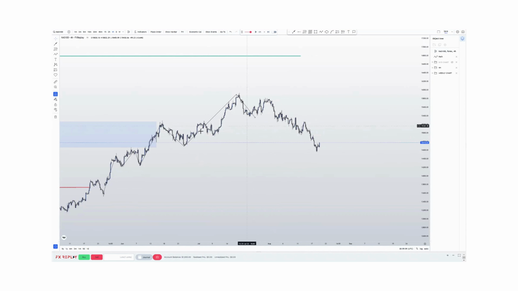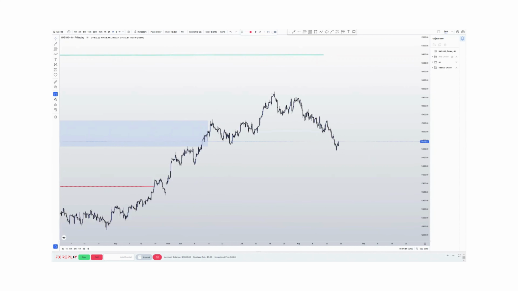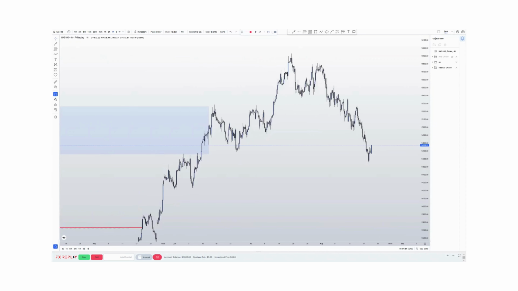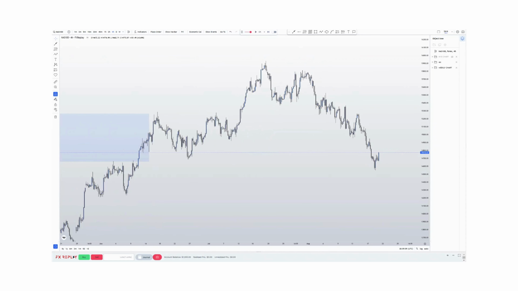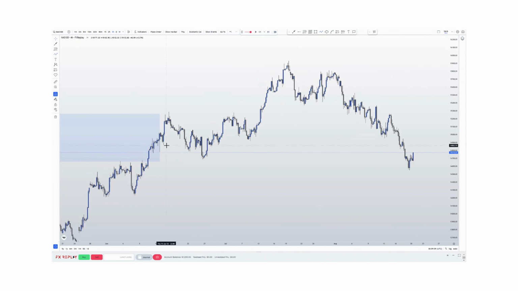Now you can see that we symbolize it with a red line. We have lower lows, lower high, lower low, lower high, lower low, lower high.